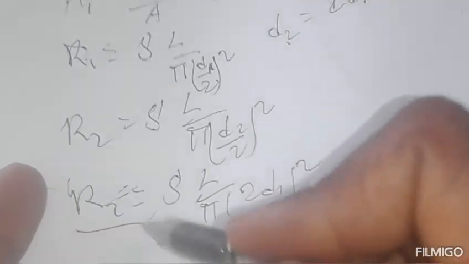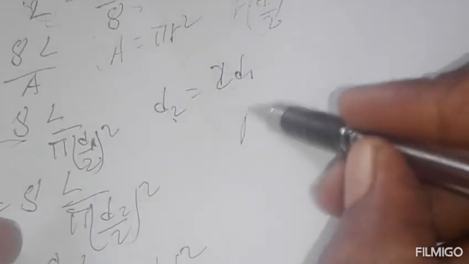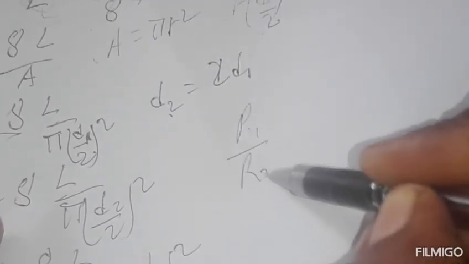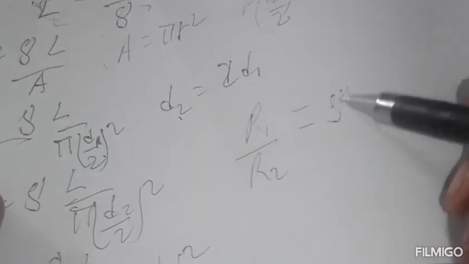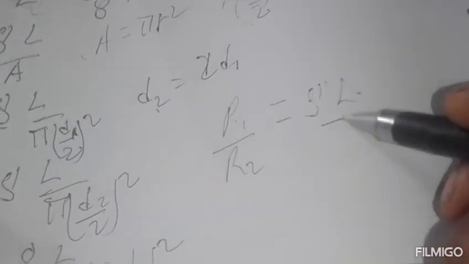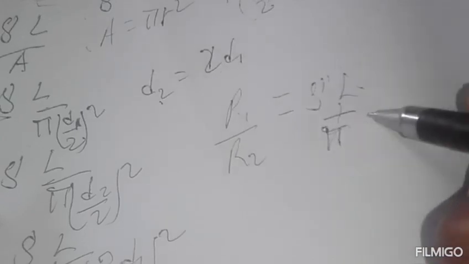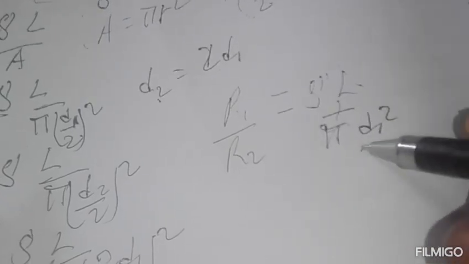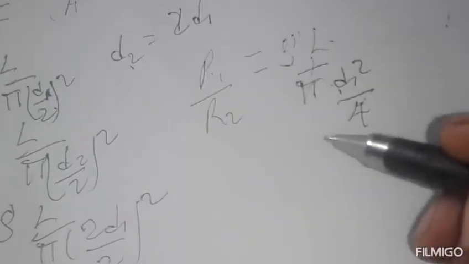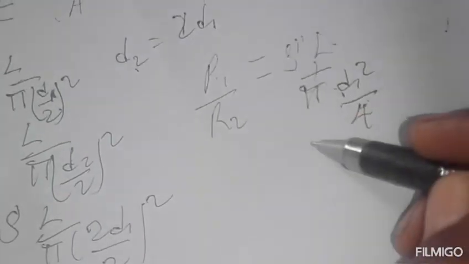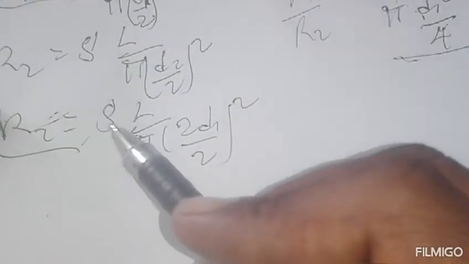Then equating this one with this one. Resistance 1 over resistance 2 is equal to, what's resistance 1? Resistivity of the material times length over pi times diameter 1 square over 2 square, all over what's resistance 2?